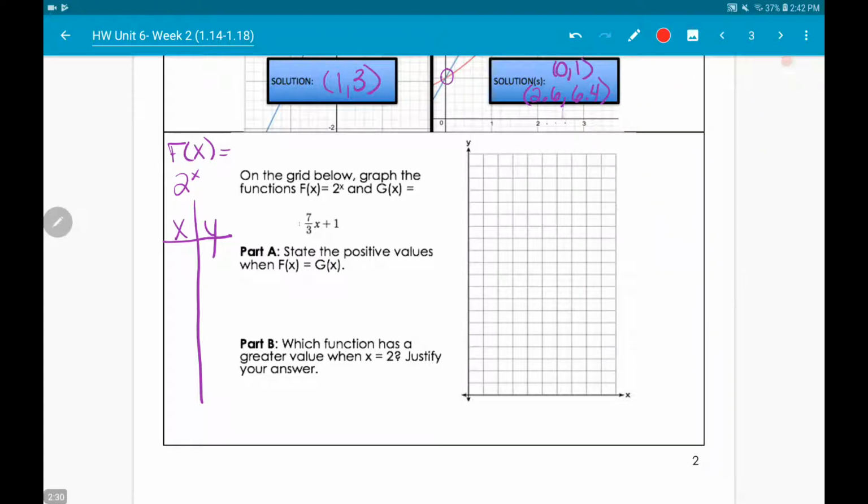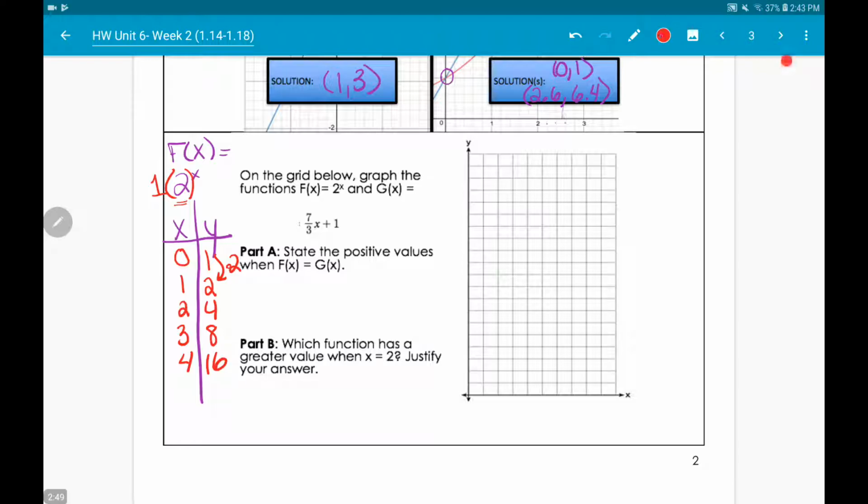All right, and we can't see it, but our y-intercept is imaginary, and that's a 1. And then this number tells me my multiplier, so I'm going to know that the graph is going to double. So (1, 2), (2, 4), (3, 8), (4, 16).